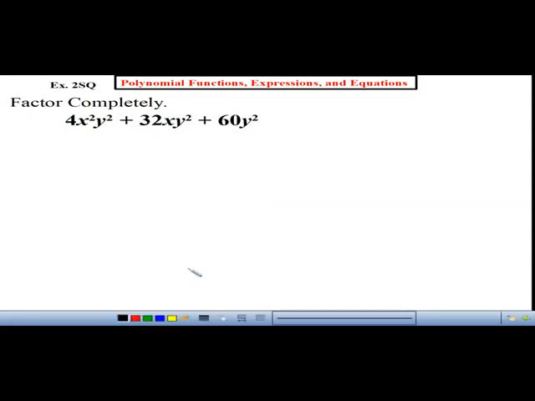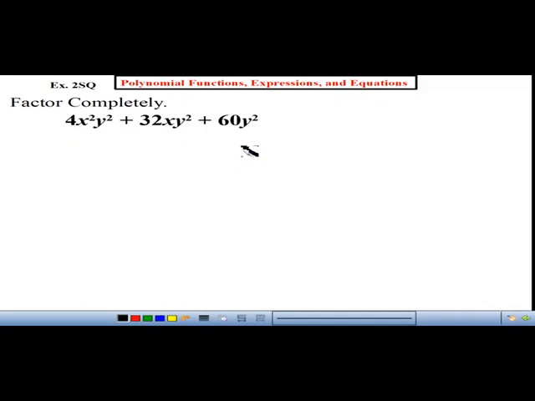Standard form. Is it in standard form, guys? Let's see. This is 4th degree, 2 plus 2 is 4. This is 3rd degree, 2 plus an invisible 1 on the x, that's 3. And this is 2nd degree because it's the 2 on the variable. So yes, standard form.